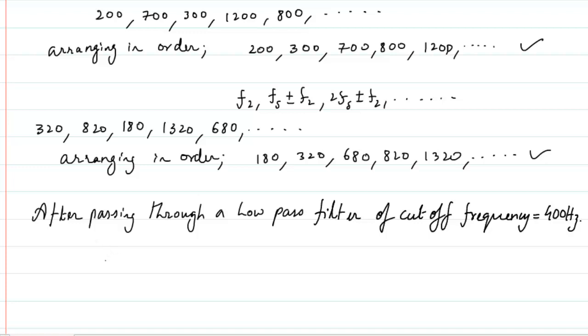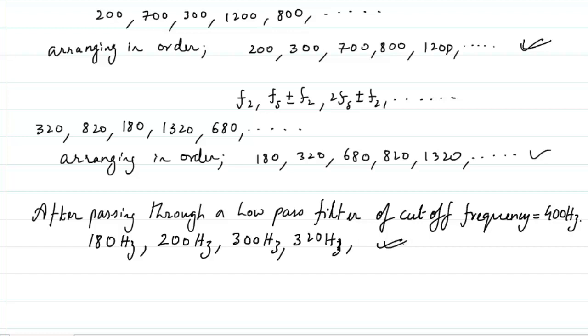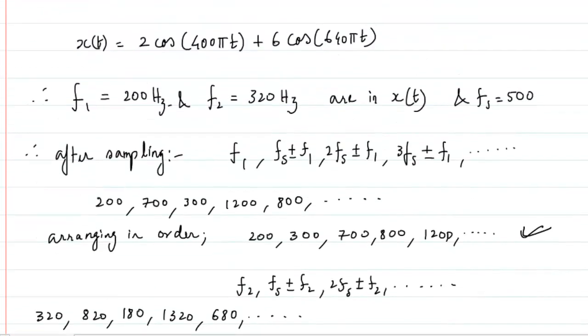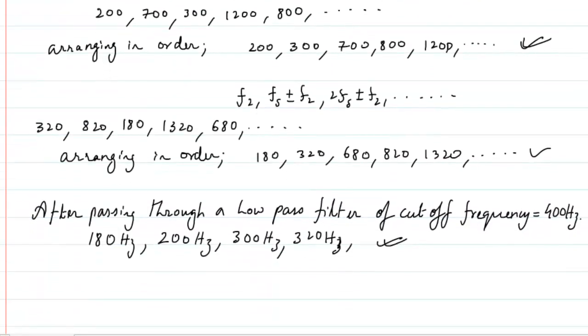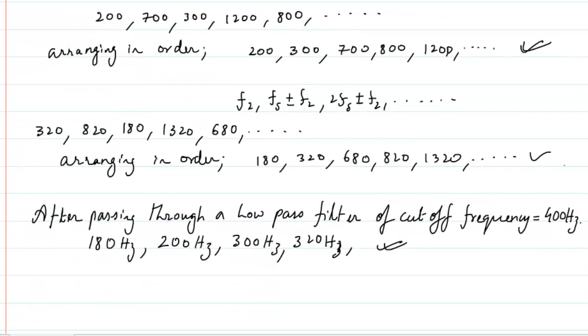In this row, that is 200 hertz, then 300 hertz. After that, all of them are more than 400. And in this row, it is going to be 180 hertz, and then 320 hertz. Correct? So only that will remain. So this is also another alternate method to find the same answer. If you are finding the second method easy, you can use that. Thank you.